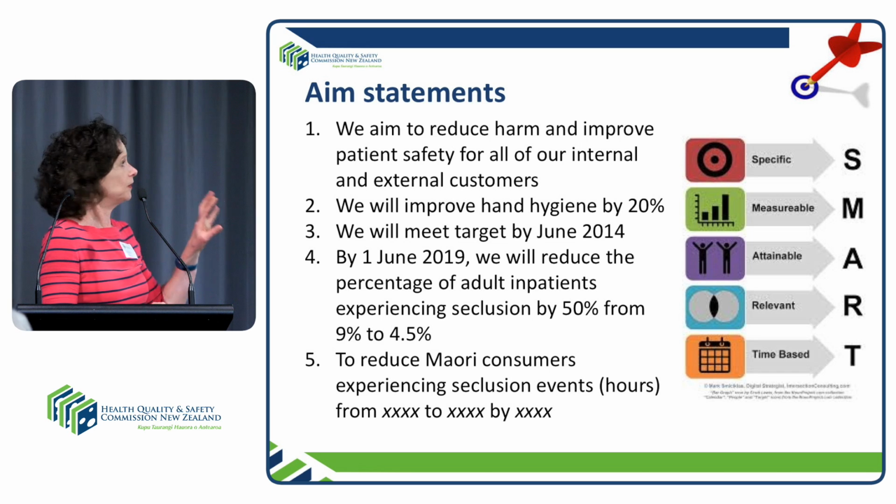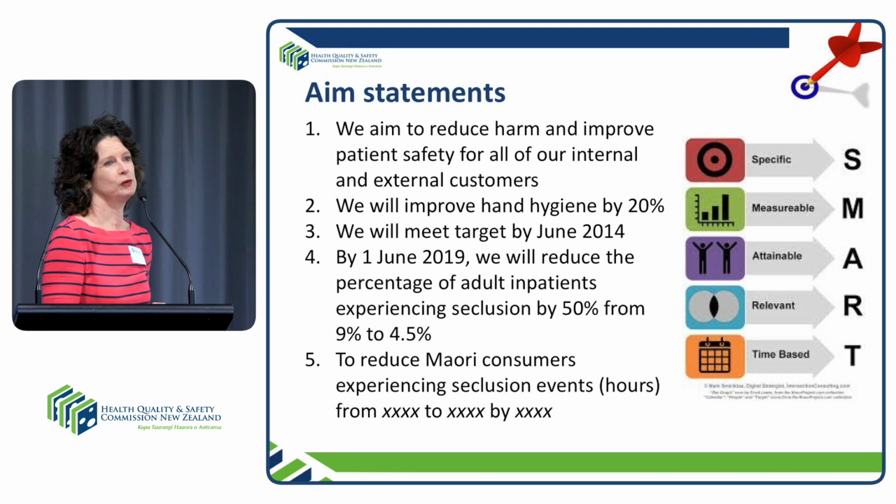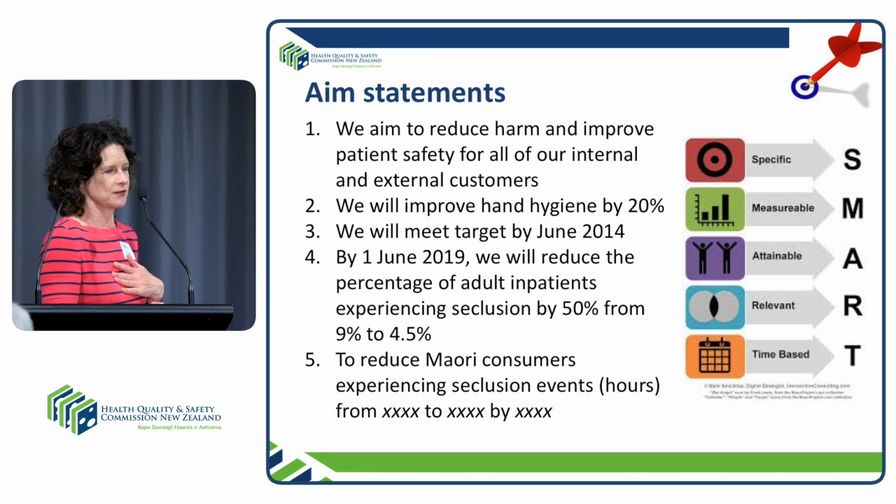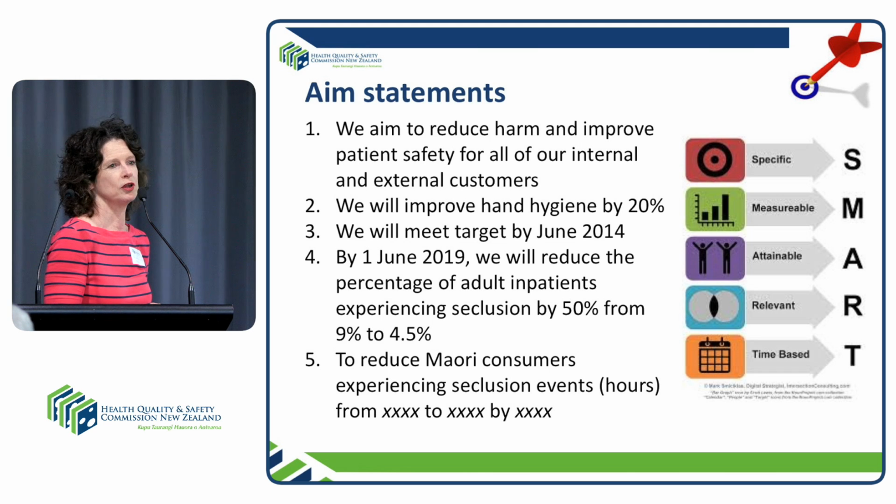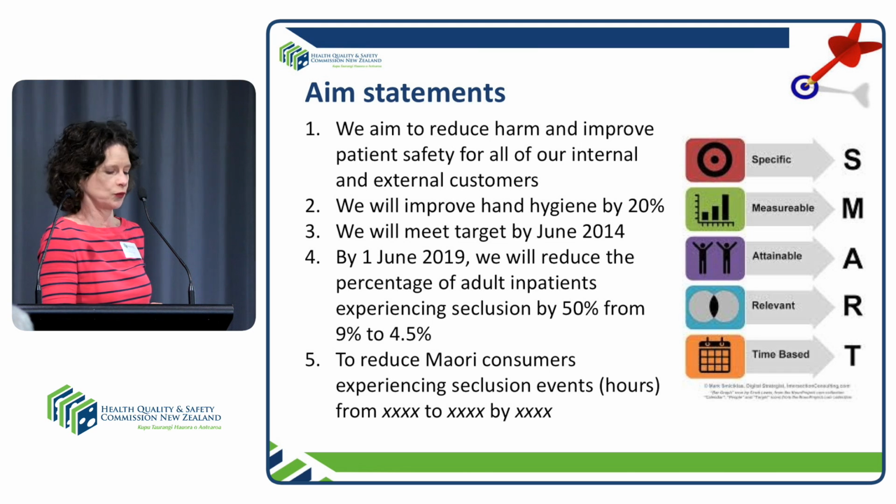So actually that's a nice example of an aim statement that's SMART, so it's got all the aspects of the aim statement. And then I think this was just another example as well. We didn't add the how much by when, but another example of a type of wording around an aim statement that you could use.